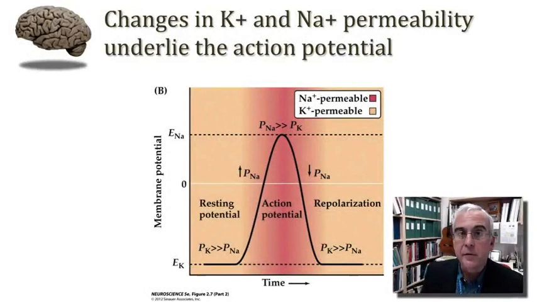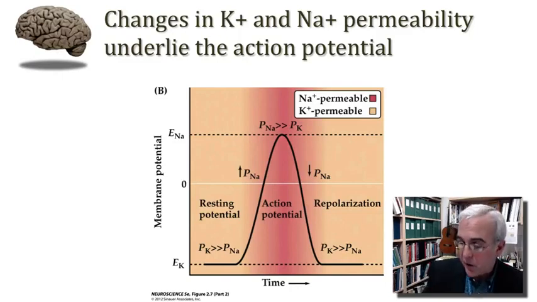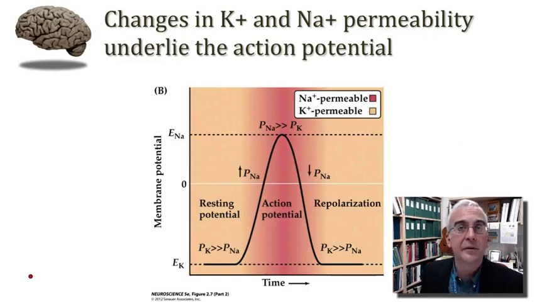Okay, well, let's begin by reviewing some of our foundational concepts that we introduced last time. And that is that changes in membrane permeability underlie the neuronal action potential. And in order to understand these changes in membrane permeability, let's consider some of the principles that are laid out in Figure 2.7. Now, recall that during the resting state, there is a little bit of potassium conductance. That is, a little bit of potassium leaks out of the neuron.